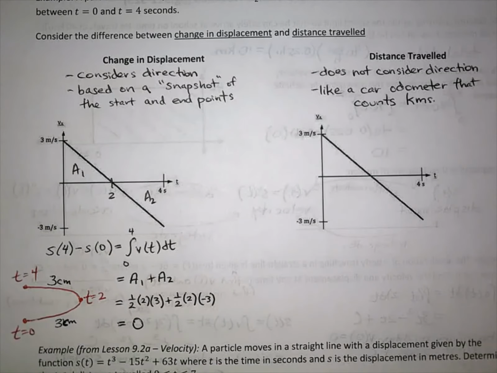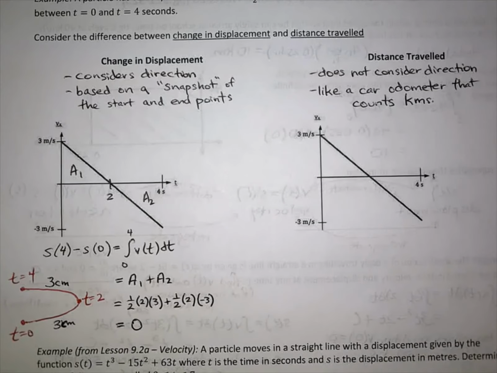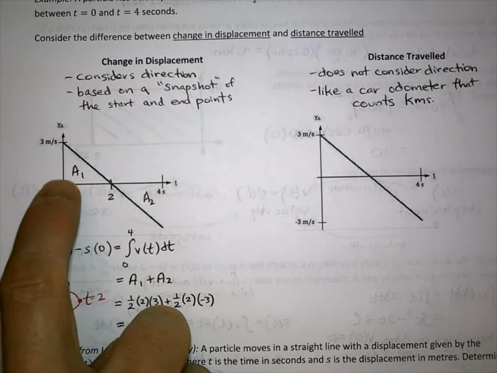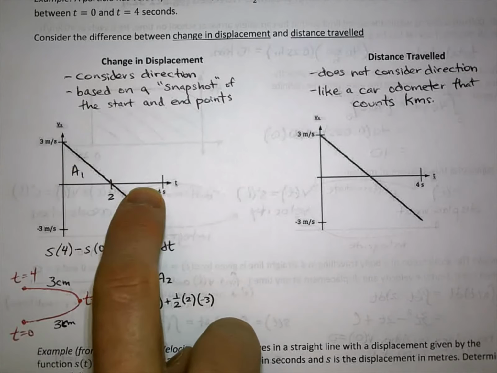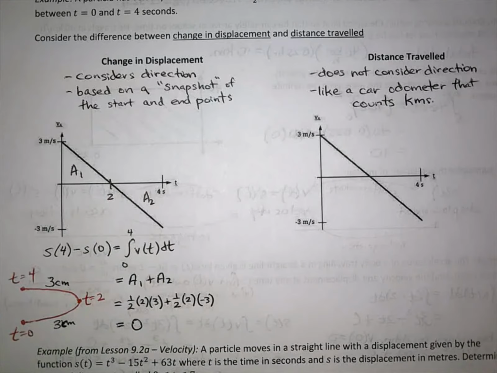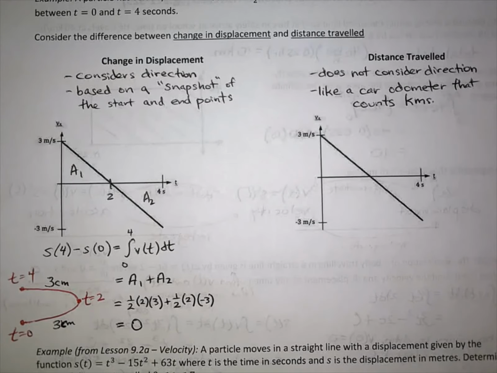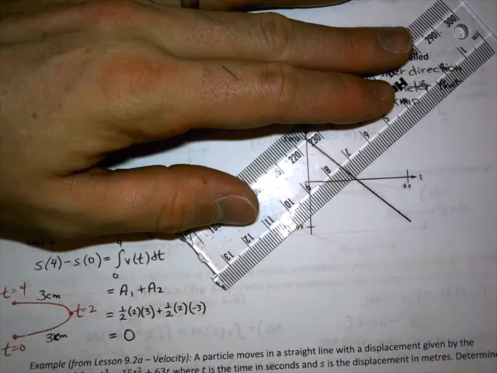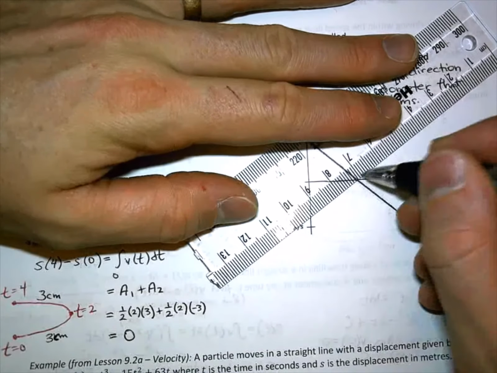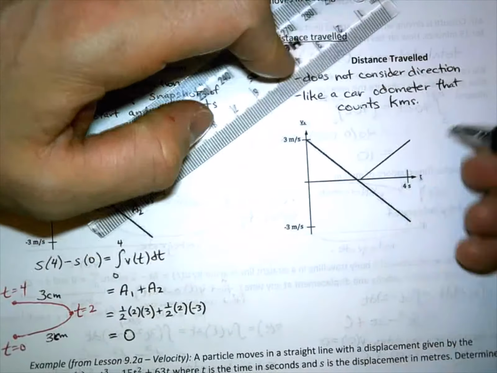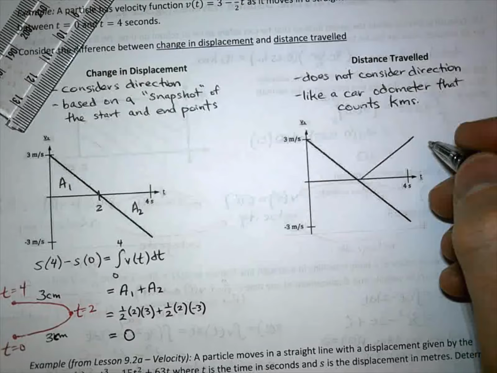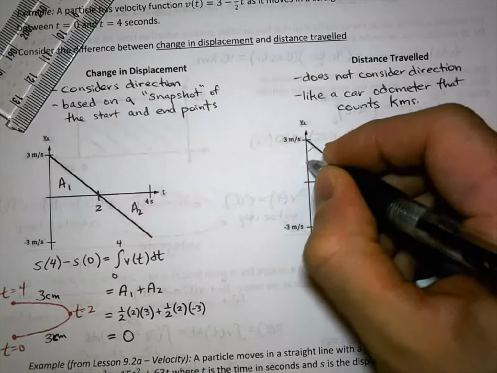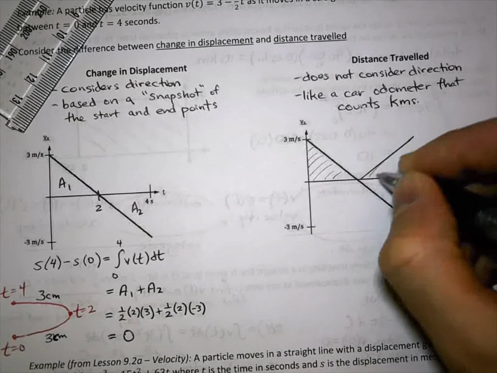So when we're talking about distance traveled, you aren't going to look at adding up a positive and a negative area. You're going to ensure that you're always adding up positive areas. So when we find distance traveled, you're only going to look at the positive areas. So we have this area here, and we have this area here.